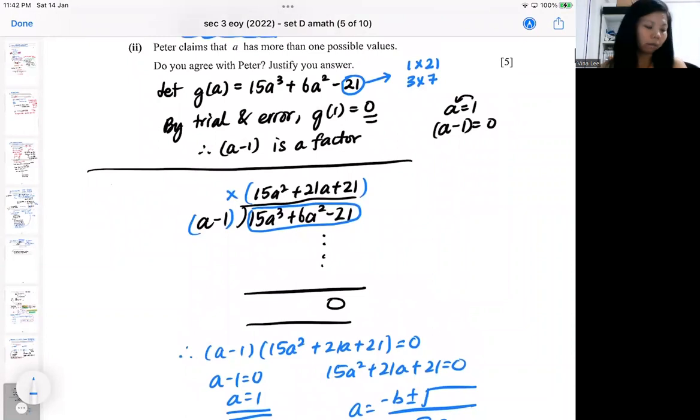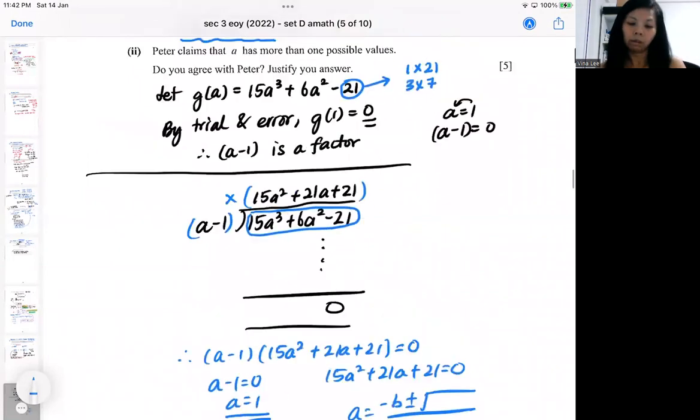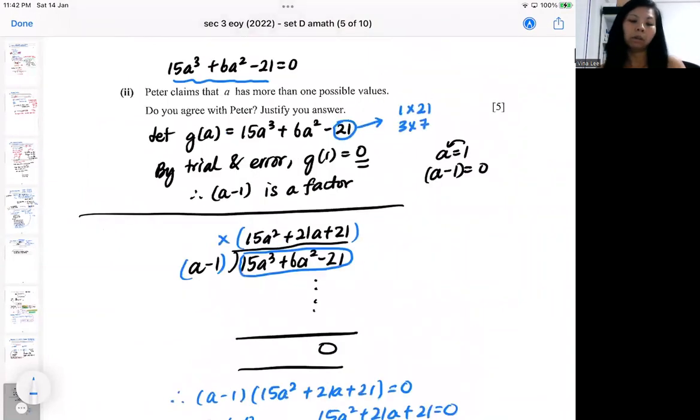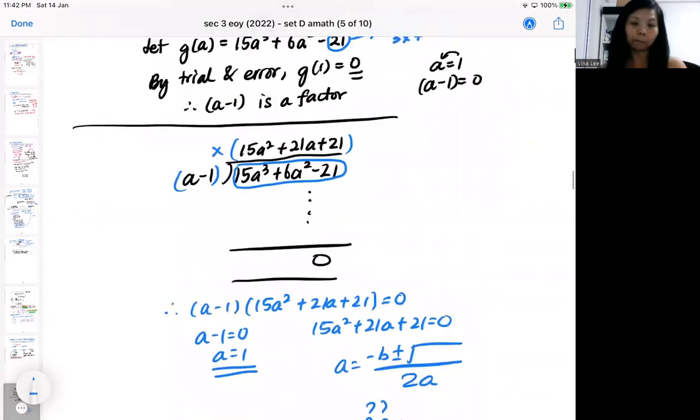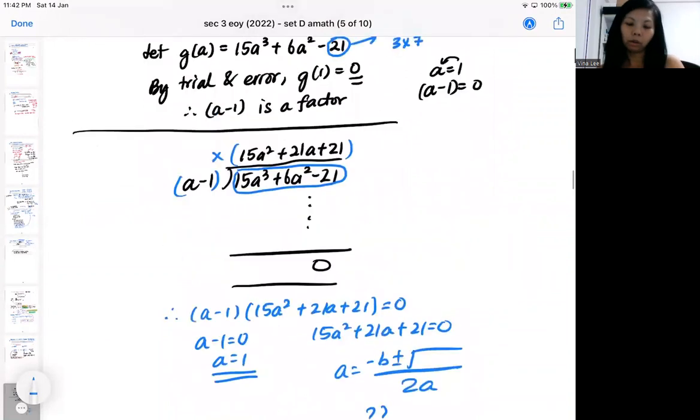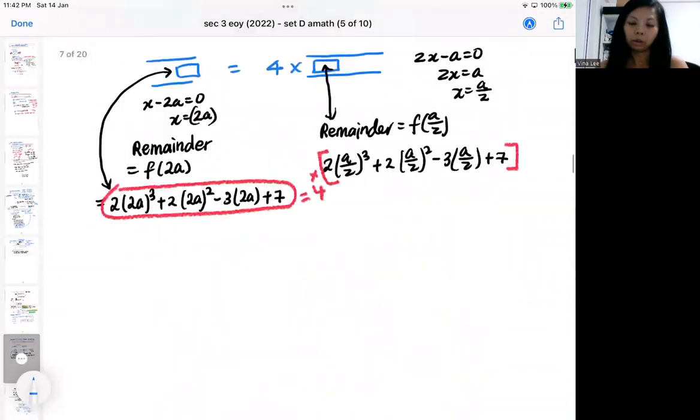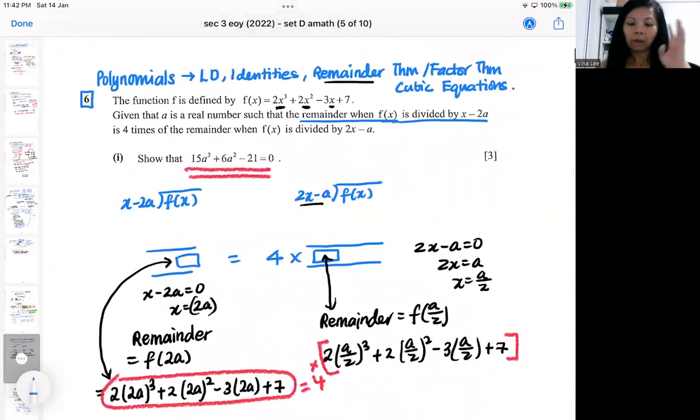At the conclusion, you should say whether you agree with Peter or not. If you agree, that means you get more than one answer. But if you don't agree, that means you are getting otherwise. Okay, so you're going to try out the steps. This question covers remainder theorem, factor theorem, and the cubic equation.